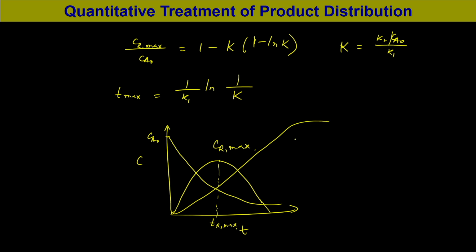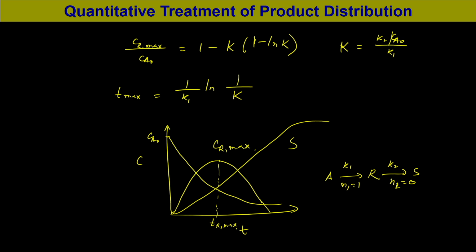So, this is S. So, this is for series reactions A to R to S, K1, K2 and N1 is equal to 1, N2 is equal to 0.